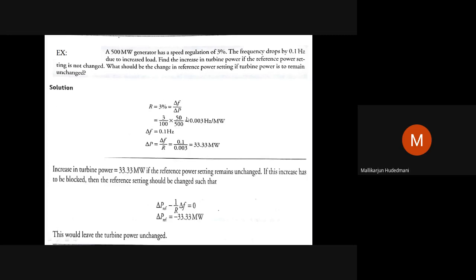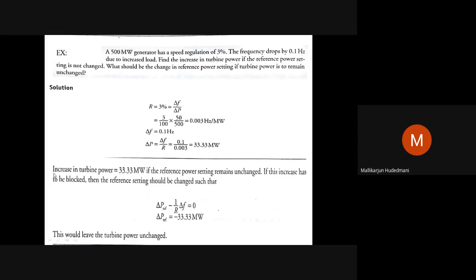If 50 hertz has a 0.1 dip, it is 49.9. Therefore, 0.1 hertz is the drop. So 0.1 hertz divided by hertz per megawatt gives the correction. If I apply it, 33.33 megawatt is needed for this drop to be corrected. The change has to be 33.33 megawatt.